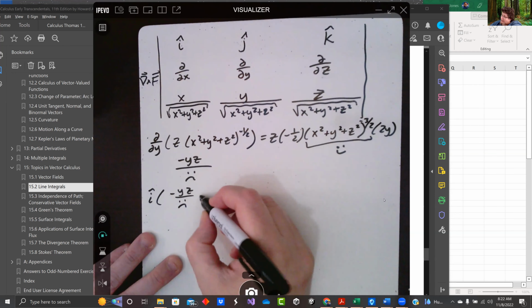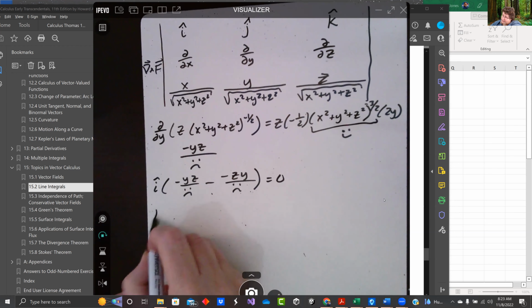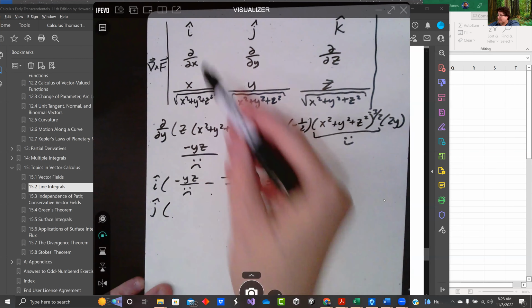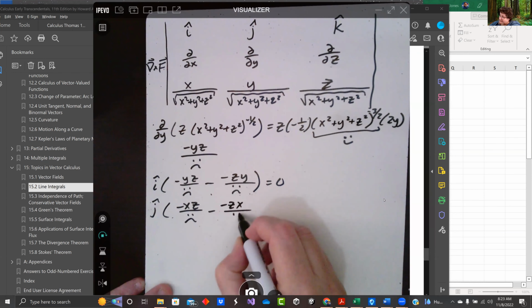I'm subtracting, and that looks like it's going to go to 0. Does the same happen with j? If I do j, I should have -xz over frowny face minus dz dx. I should get a -zx here over frowny face, again a 0.